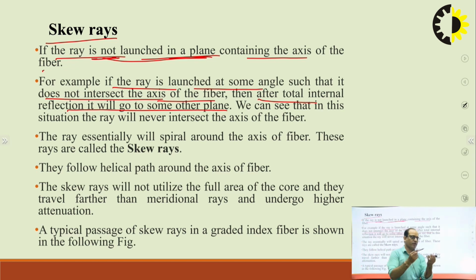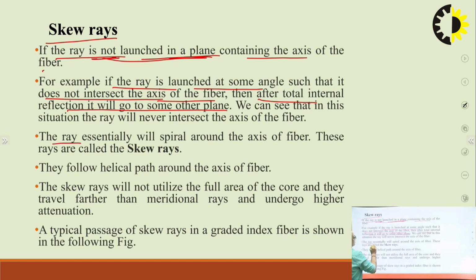Let's say this is an optical fiber cable, and if the ray enters the cable and does not cross the core axis, it will enter into another plane and will be known as a skew ray.